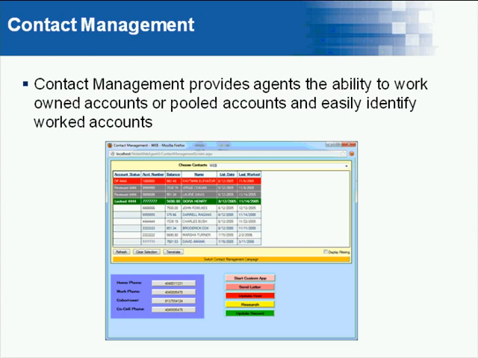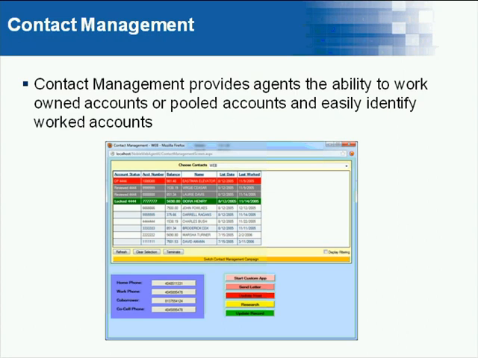The key here to notice is that when they click on a record in this data grid, the information at the bottom of the screen will pop up with the information that pertains to that particular record. For example, all of the phone numbers: the home phone, the work phone, the co-borrower, the cell phone, etc. They also have actions to trigger additional pieces based off of that information. They can launch an additional application, send a letter, etc.